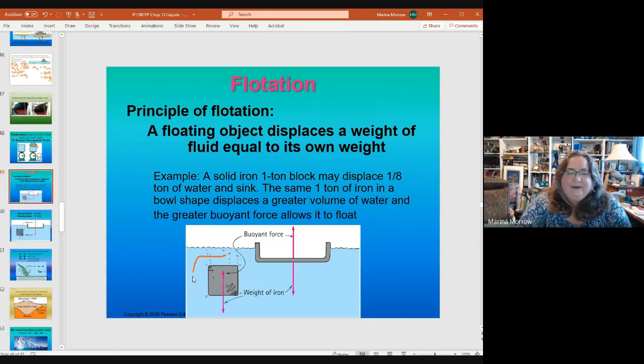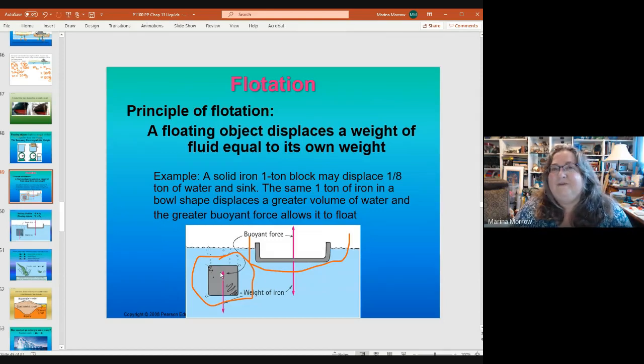If you have an iron block, versus having it spread out in a ship shape or a dish shape, then the solid one can't displace enough water to equal its own weight. Why is that? Remember that the density of iron is around 8. So a 1-ton block of iron displaces only 1/8 of a ton of water because it's so dense.